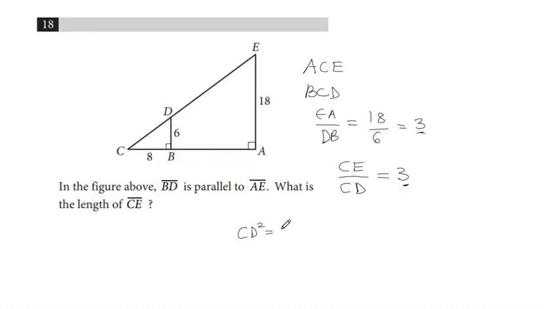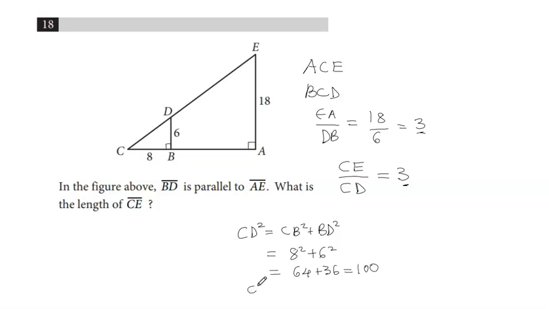will be equal to CB squared plus BD squared, right? So if we calculate this, it's going to be 8 squared plus 6 squared, which is going to be what? 64 plus 36, and that's 100.